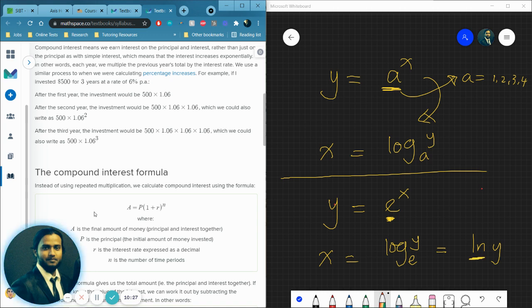It's pronounced as "lawn", but it's written as ln. So if nothing is given for the base, and it's just written x equals ln y, you automatically know the base was e. So I just wanted to touch base on that as well.